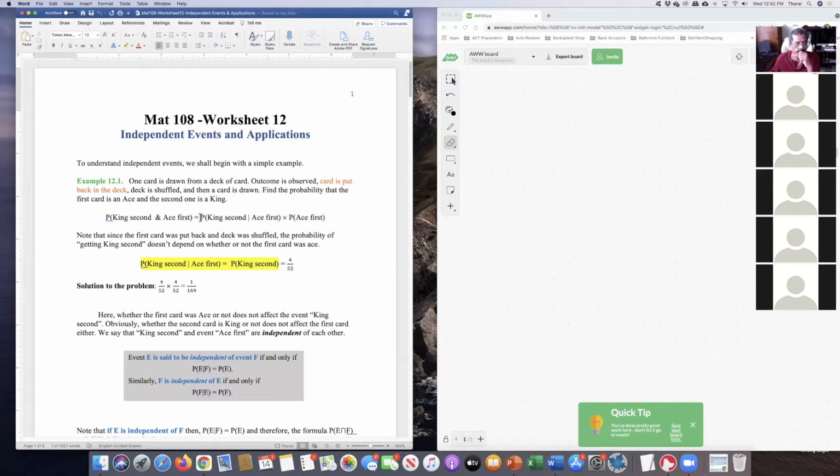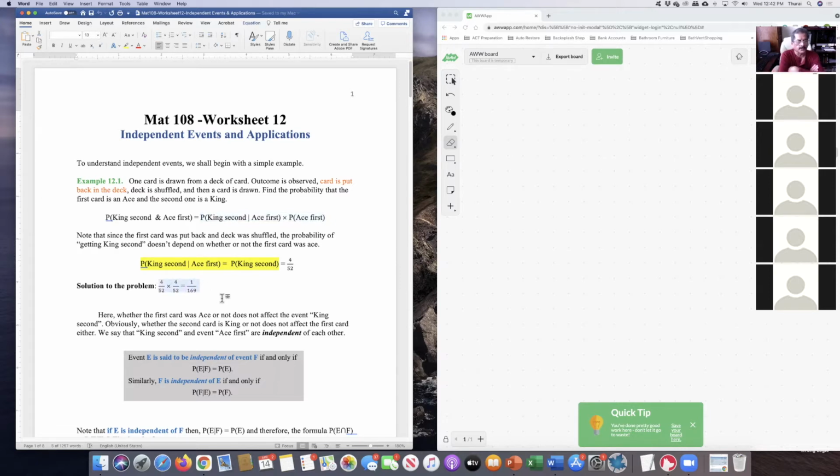So this first part is 4/52 and the probability for ace is also 4/52, right? First card to be ace, 4/52. So the probability for the entire problem is the probability of king given ace, 4/52, times the probability for ace first, also 4/52. So the answer is simply this.